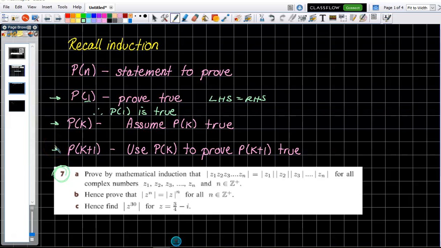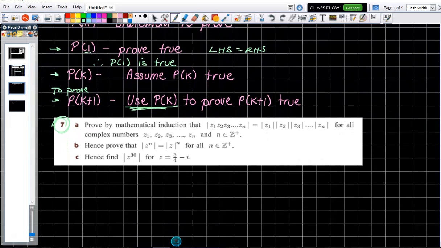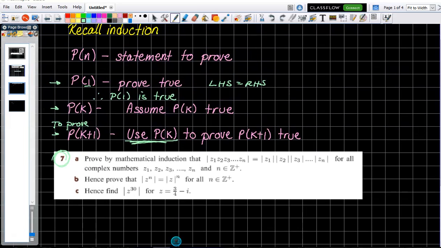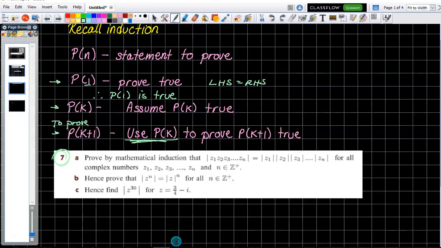And then the whole deal is we want to prove P of k plus 1, and you must say using P of k in that process. Do you remember this fondly? All right, let's give it a crack. Do you actually need to write that down, or it's embedded in your brain? They said embedded. Excellent.